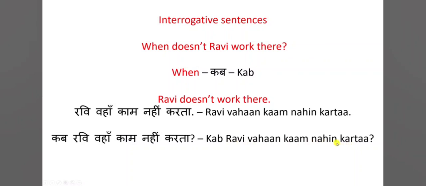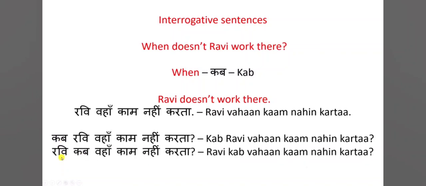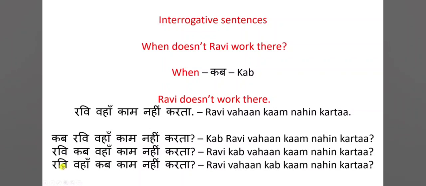And this sentence means this. Okay? Here too you have a flexibility of positioning कब. You can place it like this too. रवि कब वहाँ काम नहीं करता? और रवि वहाँ कब काम नहीं करता? Like this. Okay? We use person 2 and 3 commonly.